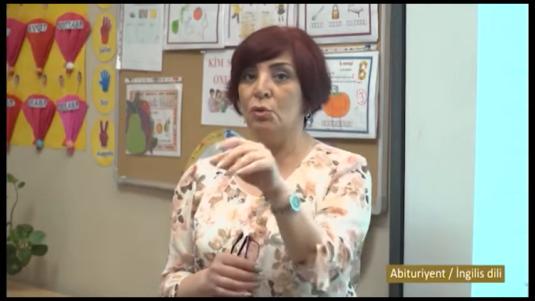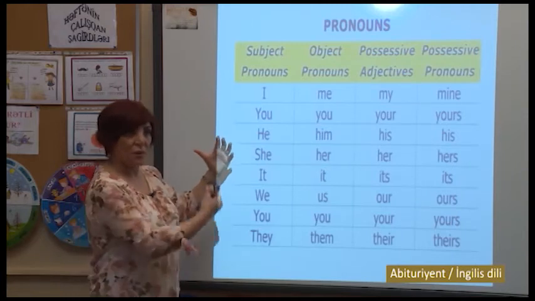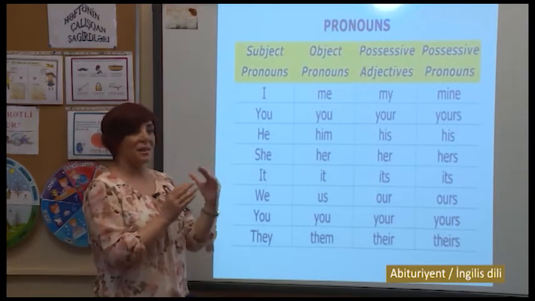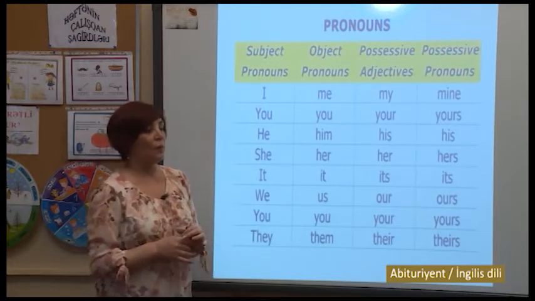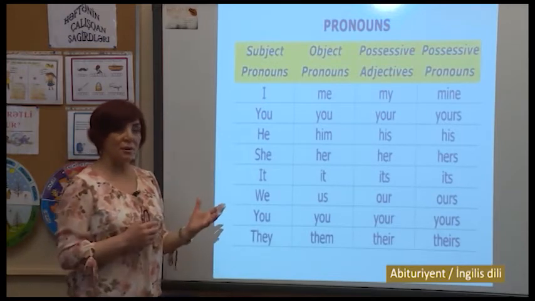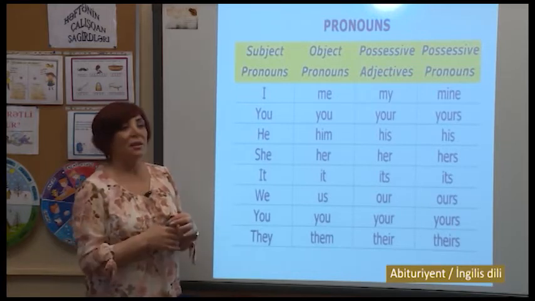For example, you love tea, and I see you. You see me. In this sentence, you is a subject because you are the doer. But I see you: you are my object. It is delicious: it is subject. I like it: it here is an object.